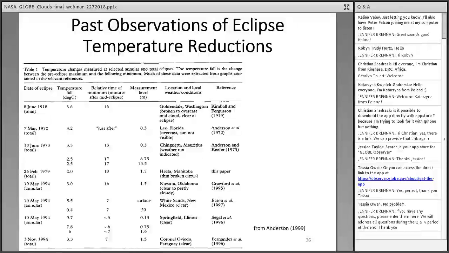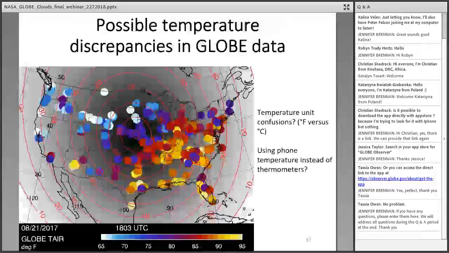Even though this was somewhat experimental, a new thing to do with citizen scientists, to some extent it worked, and we're able to see the meteorology of the event and gather some useful scientific information about the meteorology of the eclipse.